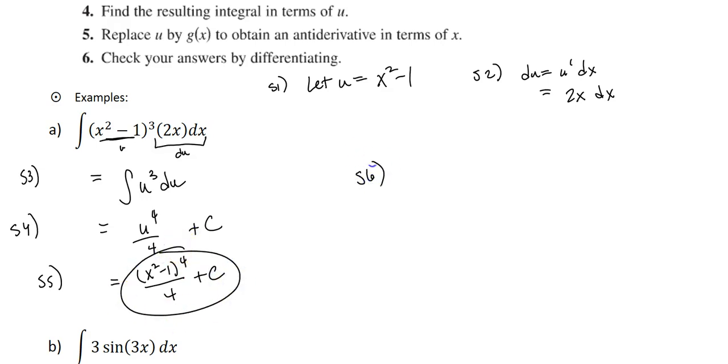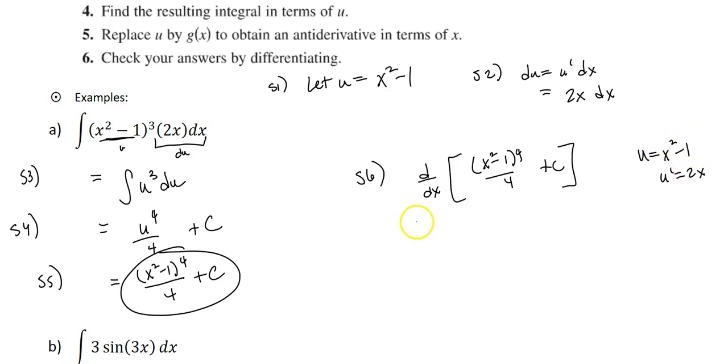You don't have to check every single one, but if you wanted to, it's pretty easy. The derivative with respect to x of x squared minus 1 to the 4th over 4 plus c. Here again, if you wanted to use the chain rule, you'd let u equals x squared minus 1, so u prime would be 2x.